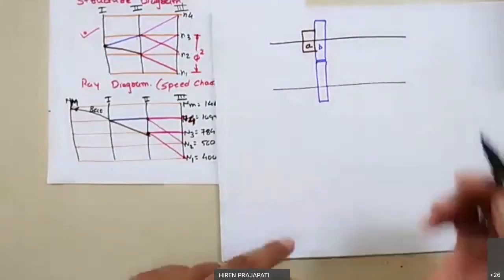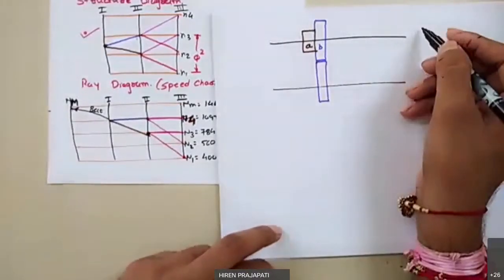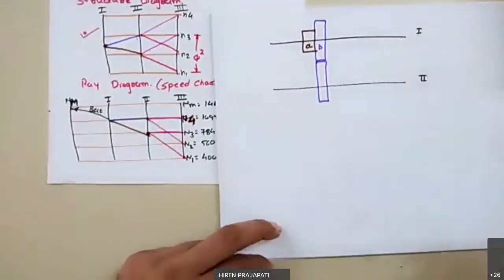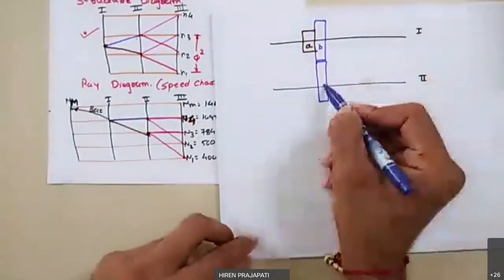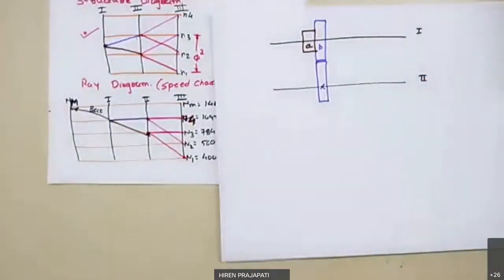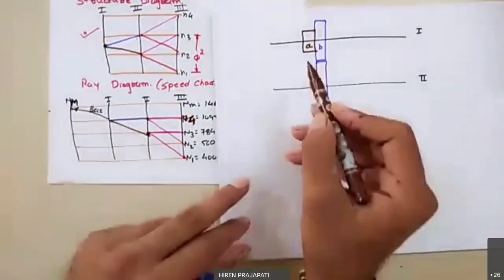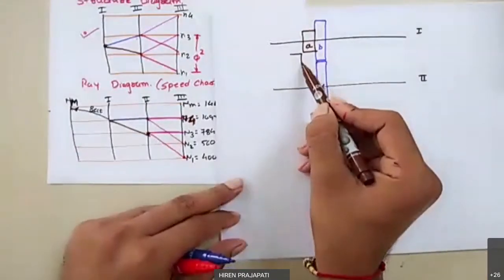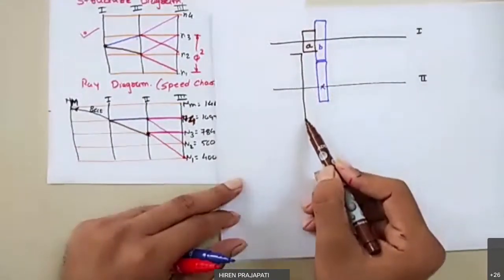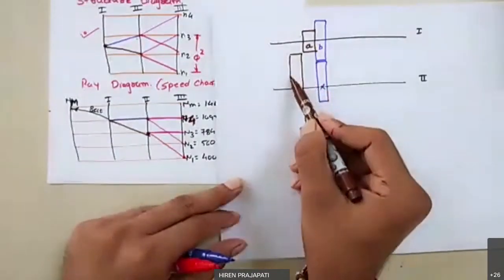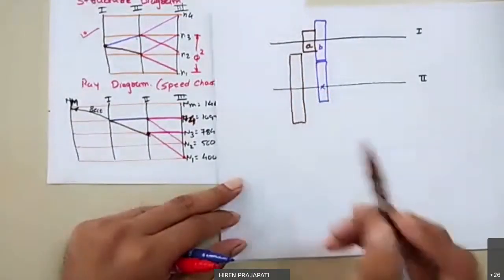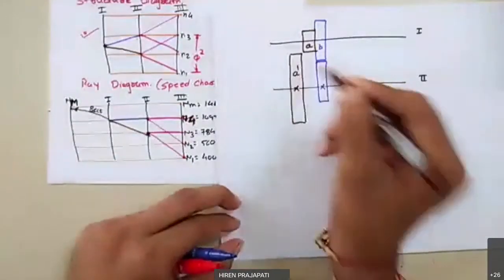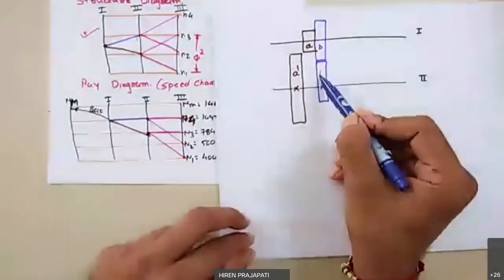Now let me indicate shaft 2. So this is shaft 1 and this is shaft 2, and this gear is fixed. Now this A is giving me reduction, so consider a large diameter of this gear A, and this also. So now I call this A dash and this B dash.